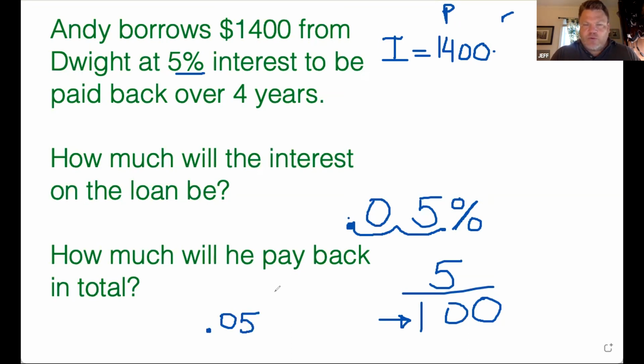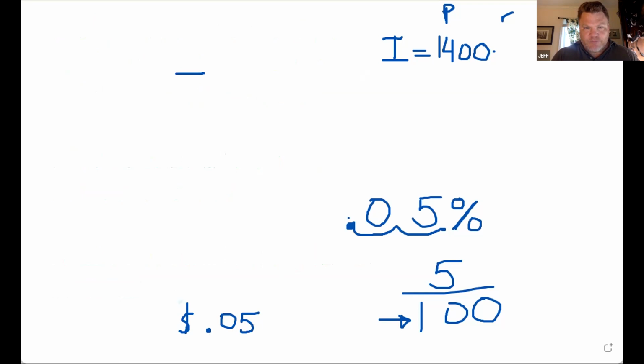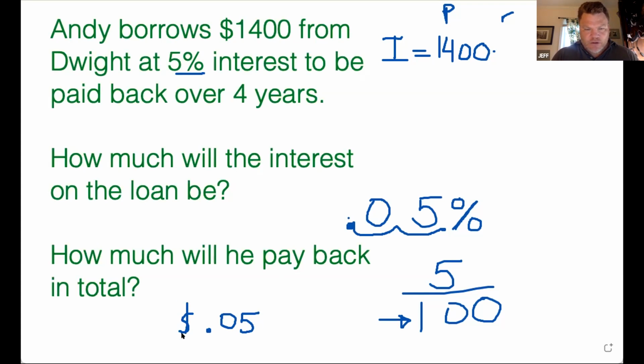And a wise man said, when it comes to decimals, just think about money. So 5% is really 5 cents. So we just bounced this thing over twice. And now we have our decimal.